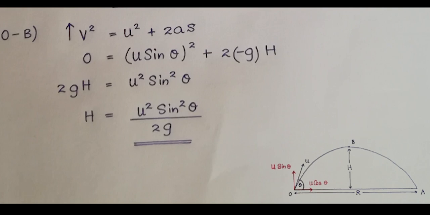So 0 equals the initial velocity vertically upwards, u sin theta, squared, plus 2 into, again, gravitational acceleration is acting downwards, then I have to substitute minus g into s. Displacement is what we are going to find, that is the maximum height. I put capital H for that. After simplifying, I get the maximum height capital H as u squared sin squared theta over 2g.